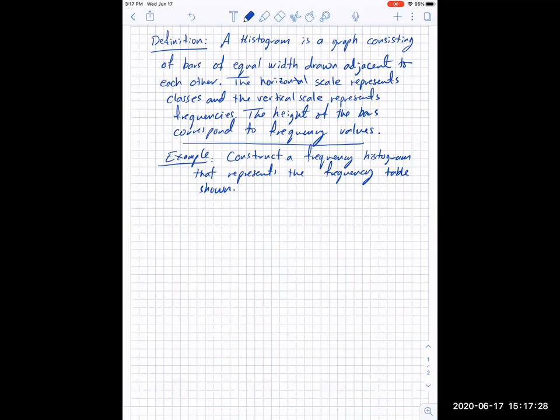Here's the frequency table: test scores, frequency.